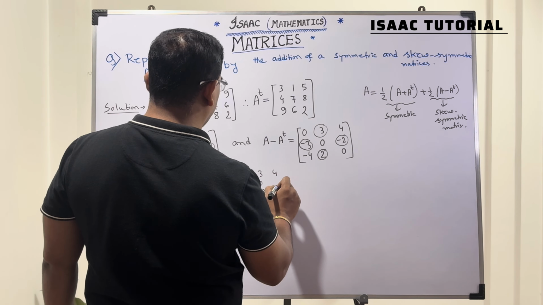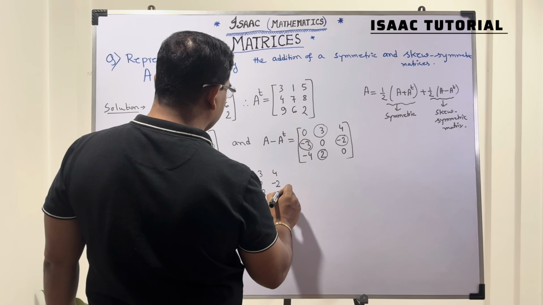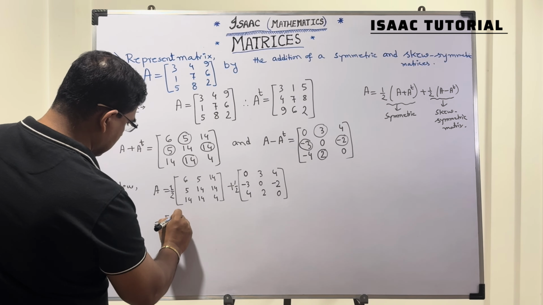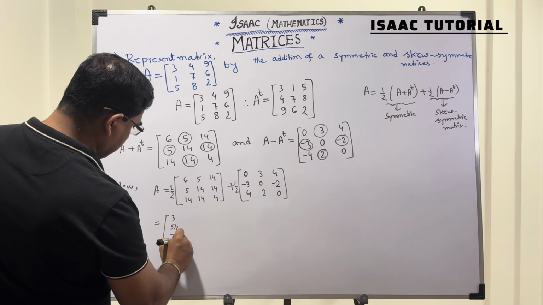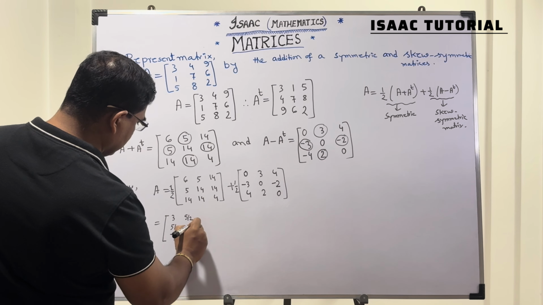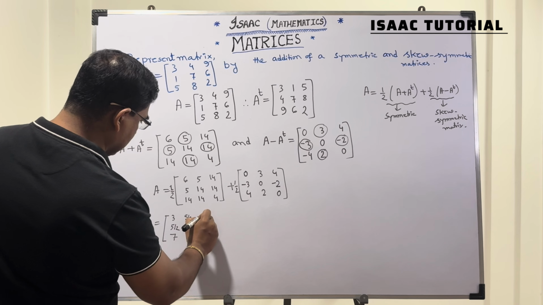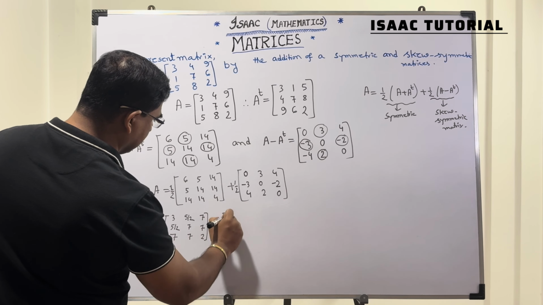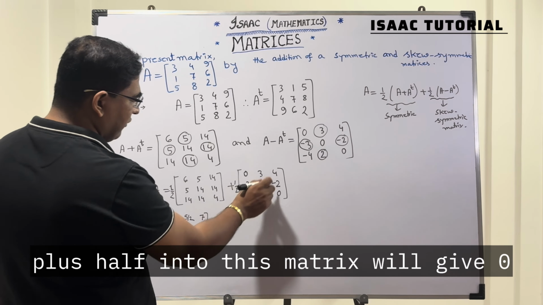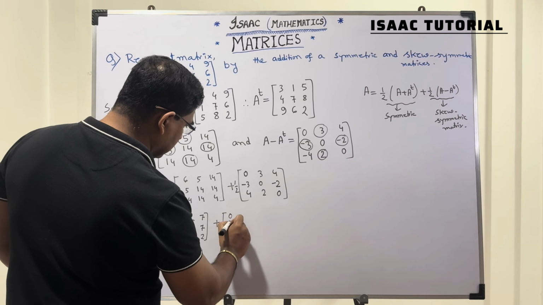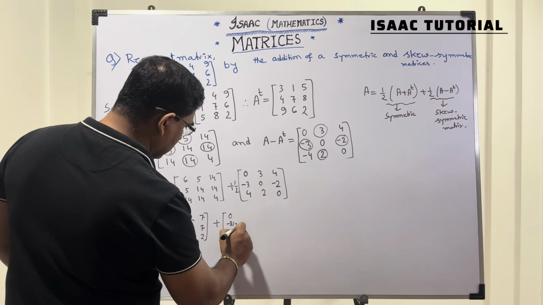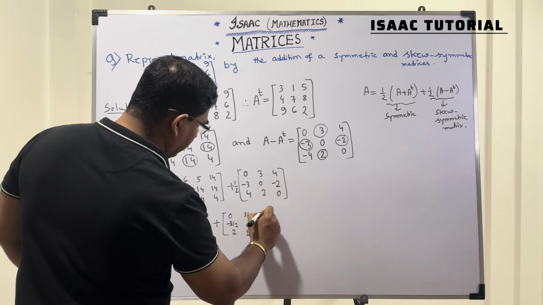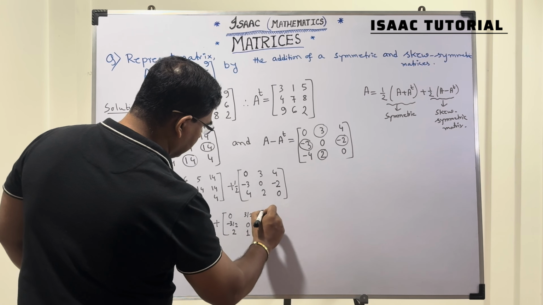This is equal to 3, 5 by 2, 7, 5 by 2, 7, 7, 7, 7, 2 plus half into this matrix, which will give 0, minus 3 by 2, 2, 3 by 2, 0, 1, 2, minus 1, 0.